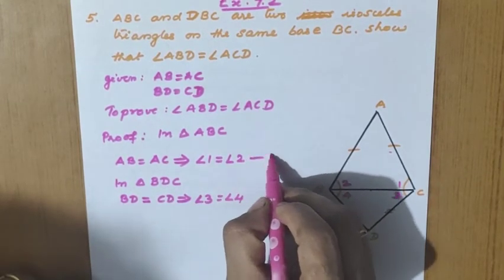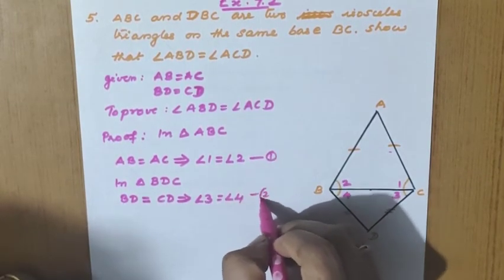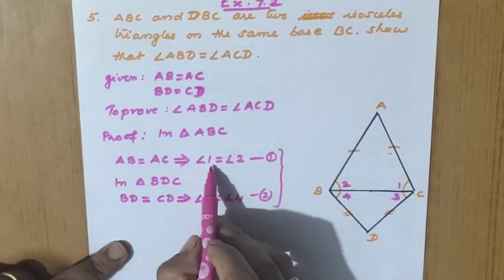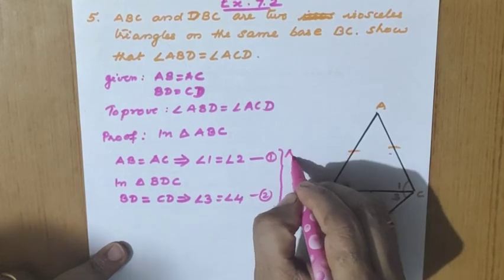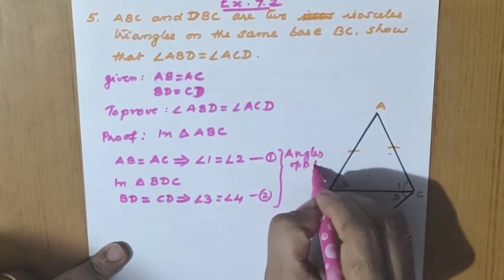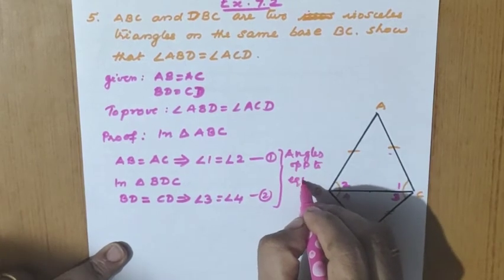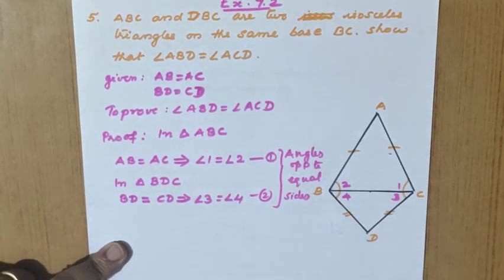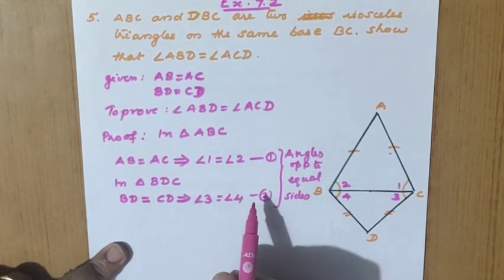Now this is the first equation and this is the second equation. Together I will write the reason. What is that reason? We are in angles. So I'll write here angles opposite to equal sides. Right? So that is the isosceles triangle property only we have used.